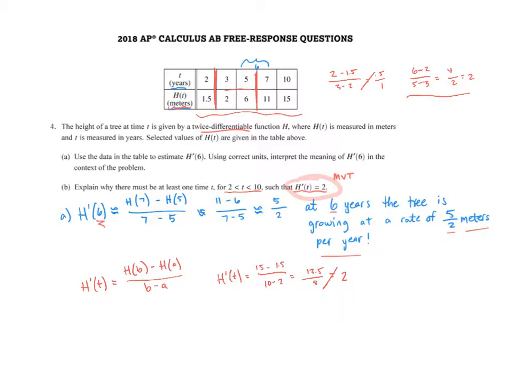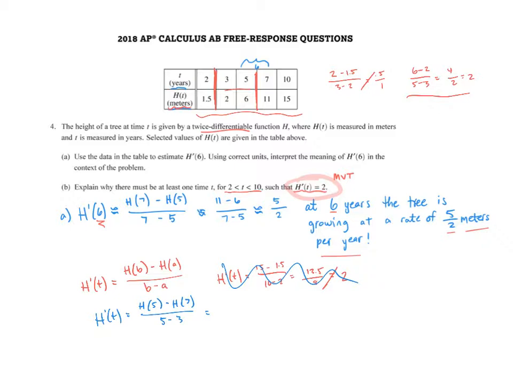So the whole big papa interval didn't work, but if I break it up into small intervals, I can find one, and I did find one. It was from 3 to 5. So my work isn't going to be this. It's going to say, hey, h prime of t equals h of 5 minus h of 3 over 5 minus 3.